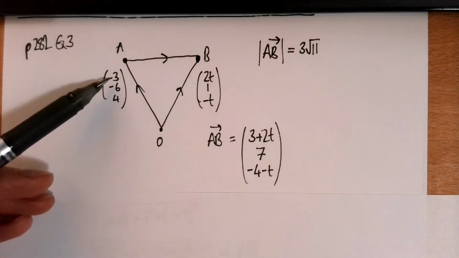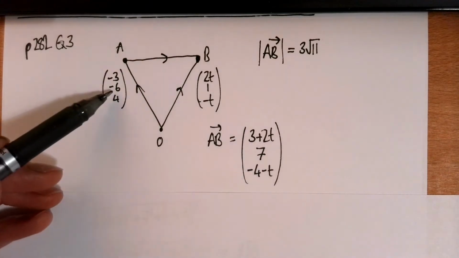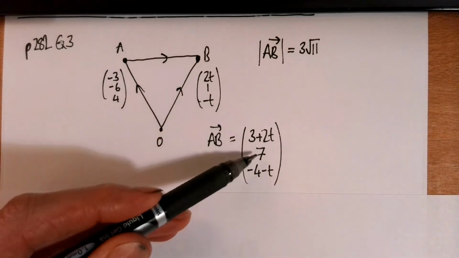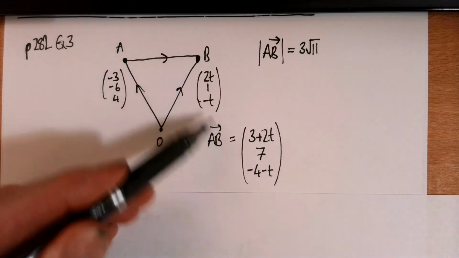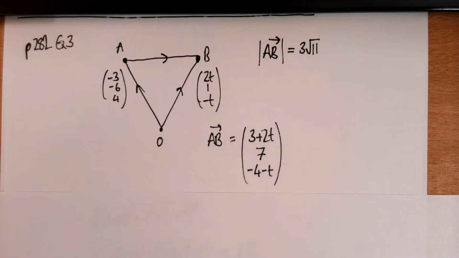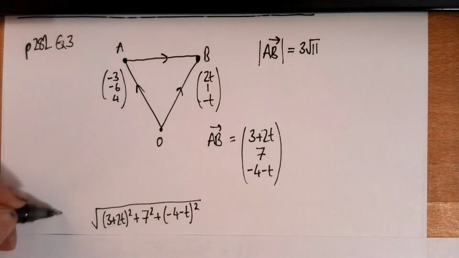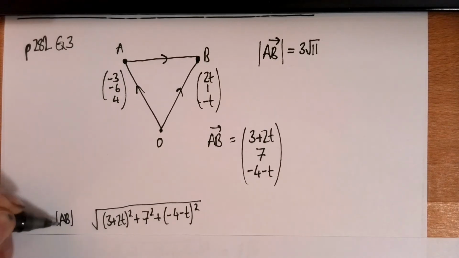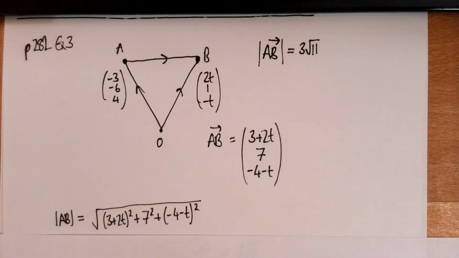It's minus that plus that, that's 3 plus 2, minus that plus that gives us 7, minus that plus that gives me that, and I know therefore that the length of AB is equal to the square root of that squared plus that squared plus that squared.